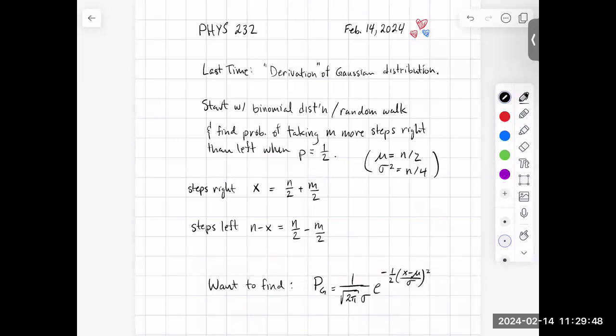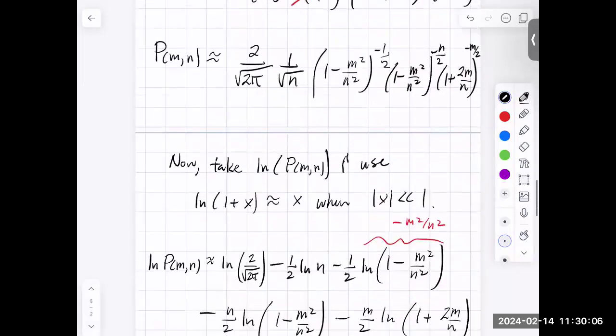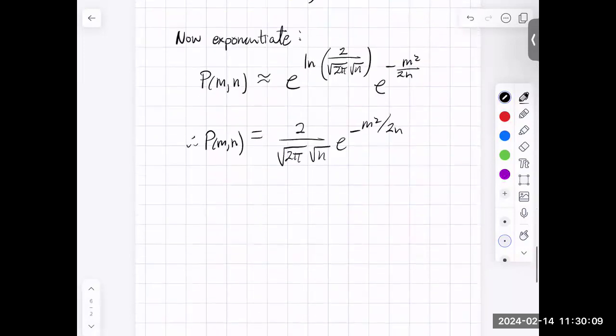It doesn't quite look like this yet, but the other thing we should remember is that mu is n over 2, and sigma is root n over 2. So recall that mu was equal to n over 2, and sigma was root n over 2.